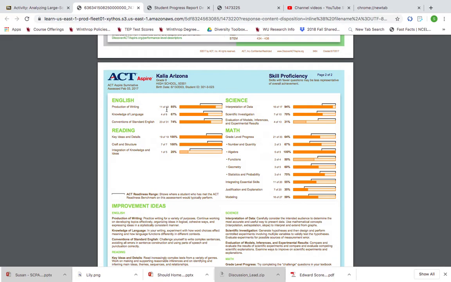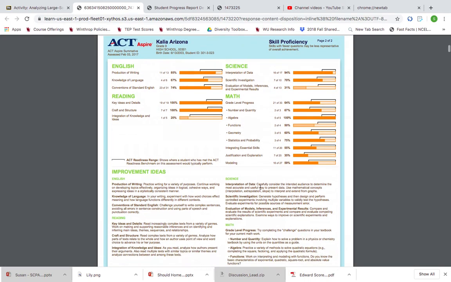So I have a predetermined standard of 13 questions. So where is she struggling the most? So reading, integration of knowledge and ideas, science, evaluation of models, and then even down here, it will give specific ideas for how to support that child.